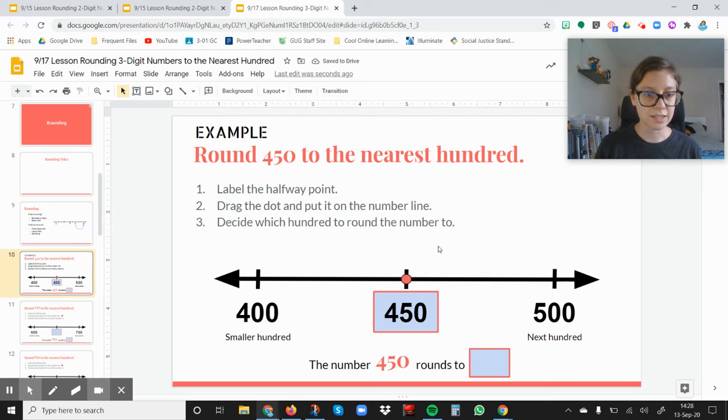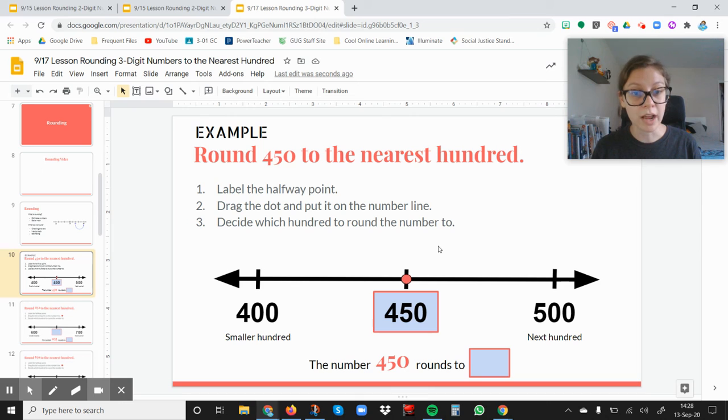So now step 3, decide which hundred to round the number to. Well, this one's kind of tricky because 450 is our halfway point. That means it's the same distance from 450 to 400 as it is from 450 to 500. So we can't decide which one's closer because they're both the same distance.